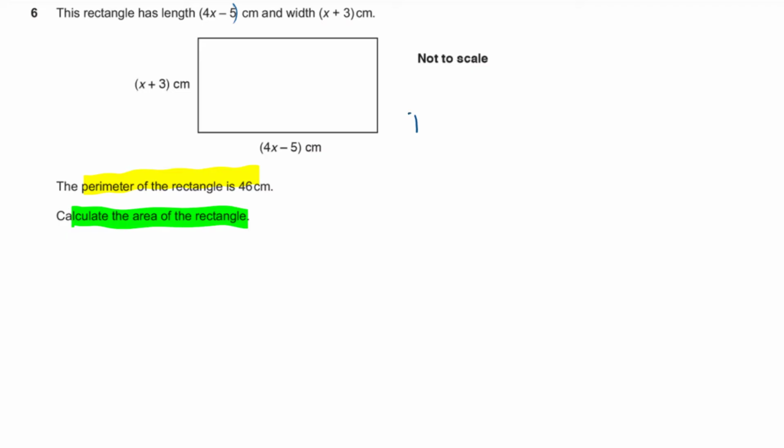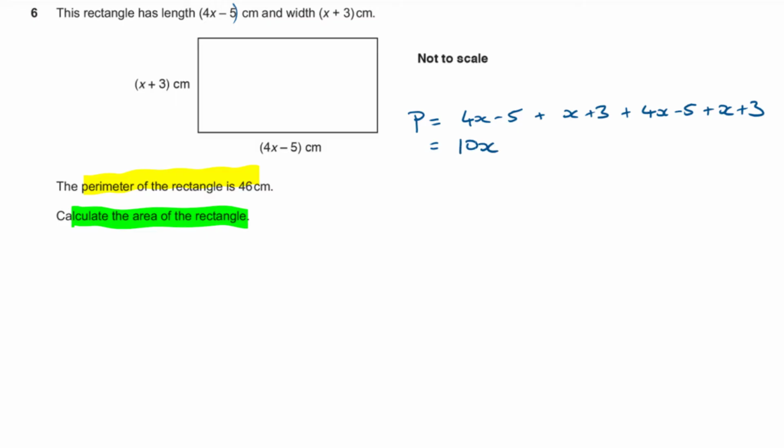So my perimeter is going to be equal to 4x minus 5 plus x plus 3 plus another lot of those, isn't it? So plus another 4x minus 5 and another x plus 3. Okay, so then collecting like terms together, 4x, x, 4x and x, that adds up to 10x.